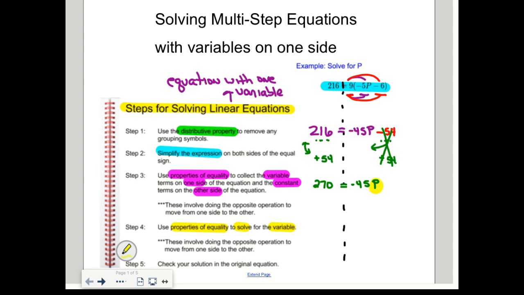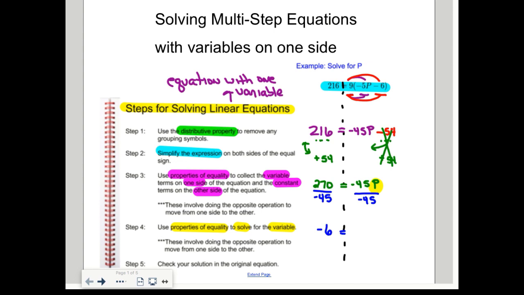My variable's right here. So that is a negative 45 times p. How do we undo a multiplication? That's correct. We're going to divide both sides by negative 45. Remember, we have to do it to both sides. Use your calculator. 270 divided by negative 45 is a negative 6.